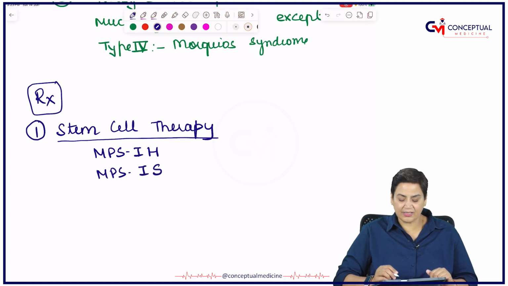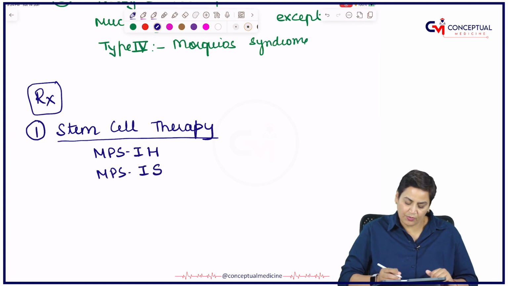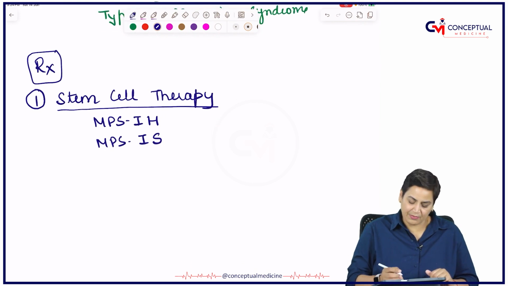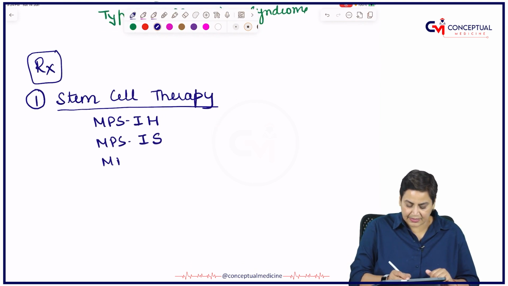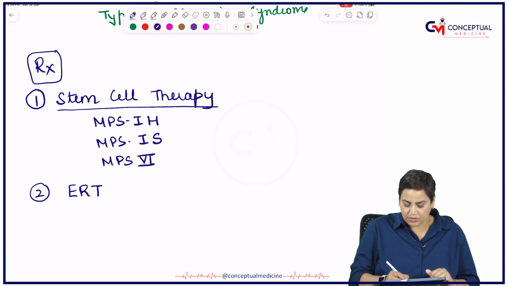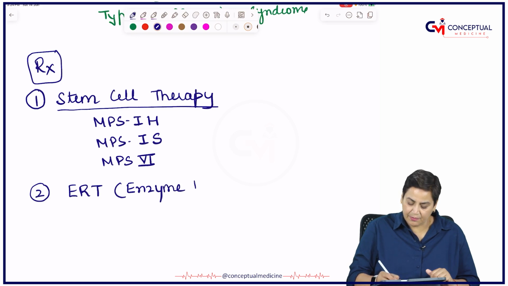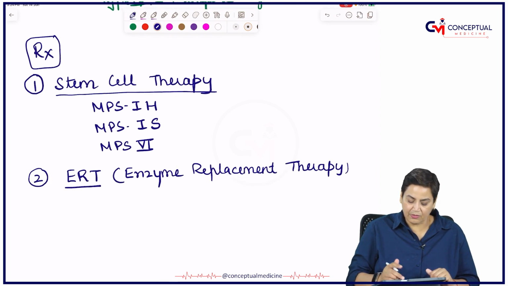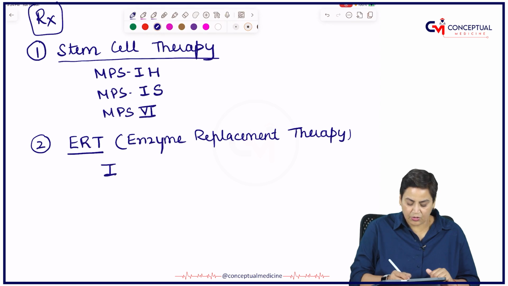H stands for Hurler, S stands for Scheie syndrome, and for Maroteaux-Lamy syndrome also, MPS 6. And the second one, enzyme replacement therapy, which is the most commonly used therapy. This is available for types 1, 2 and 6.